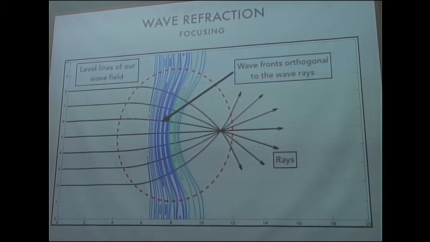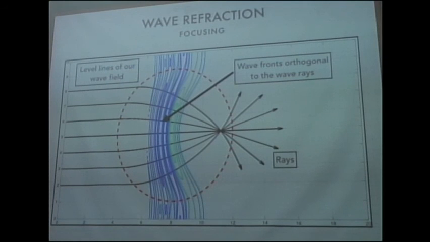So the rays here are focusing. But on these caustics or singularities that appear on the rays, the theory has its limitations. But this is a numerical simulation, and we know that the level lines should remain orthogonal to the rays, and you can appreciate this in this region.